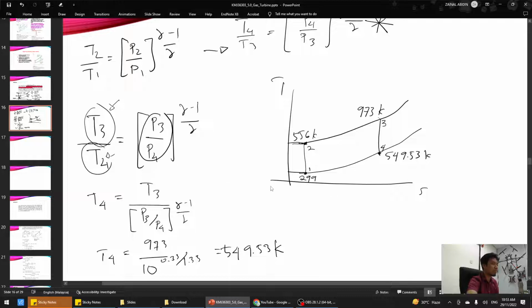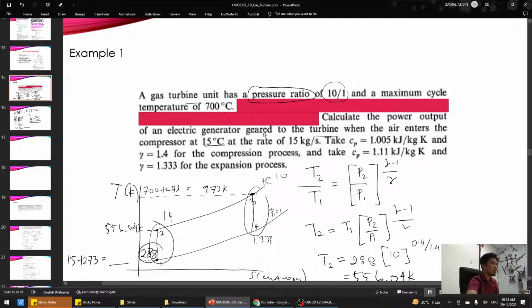So now we need to find power. If you read back our question, calculate the power output of the electric generator. Easily you can find the net power output here. Here is work out. From the graph you can find the work out here. This is work in, this is Q in, and this is Q out.